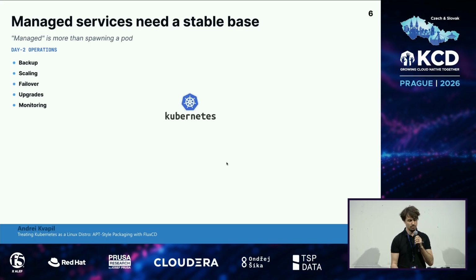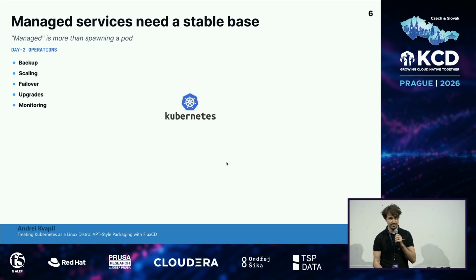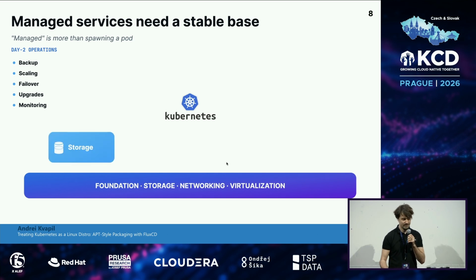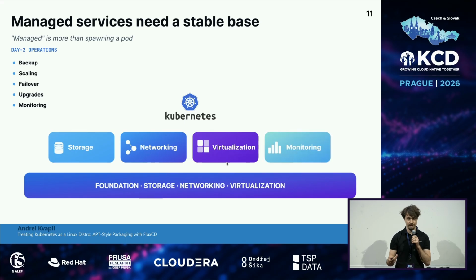Of course, we chose Kubernetes. And you can't use just pure Kubernetes. You also need a ton of components, such as storage, networking, virtualization, and monitoring. They are the base for all the managed services we run in our platform.